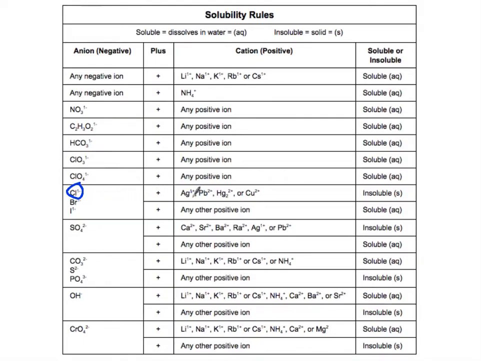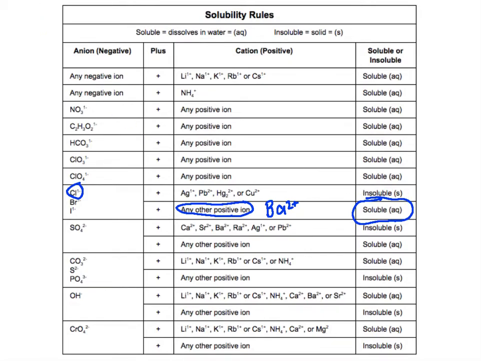And then remember, we have two kind of circumstances here with chlorine or chloride. And barium is not listed in this top row, which means that barium is going to fall into this category, being any other positive ion. So then if we look over here, our barium chloride is going to be soluble.